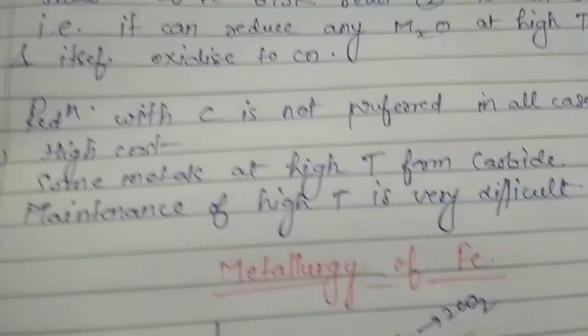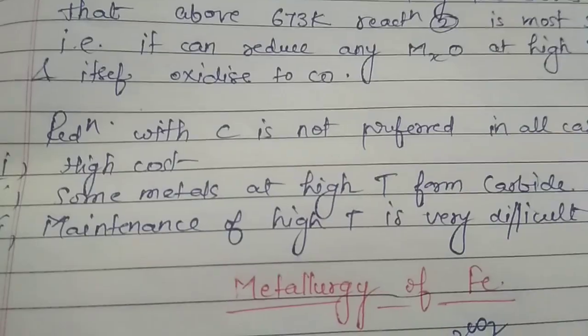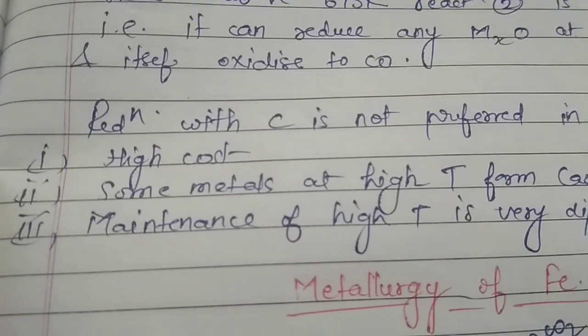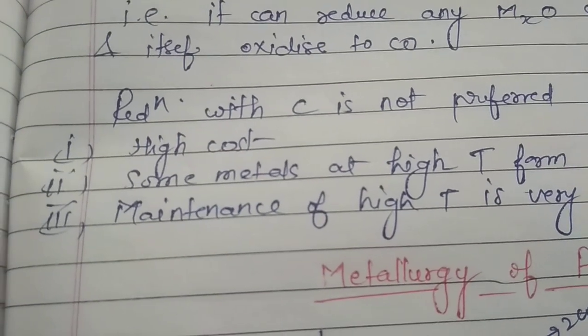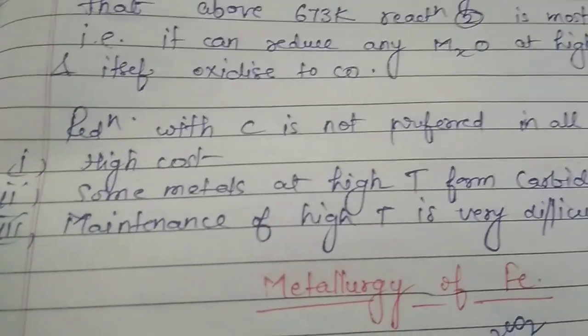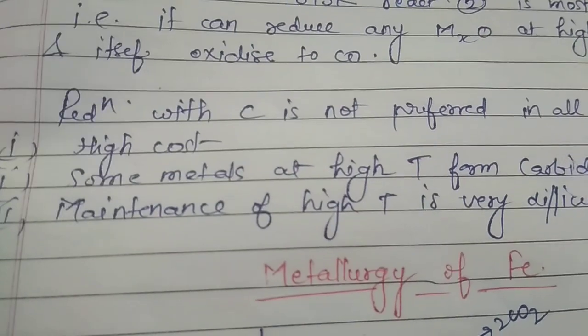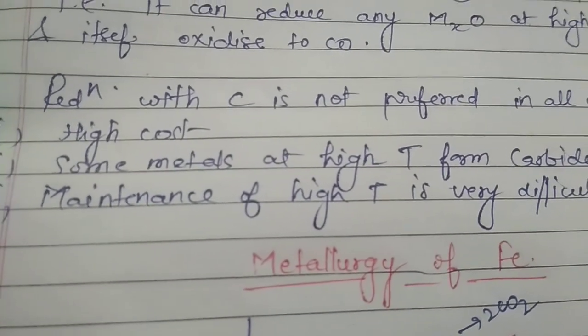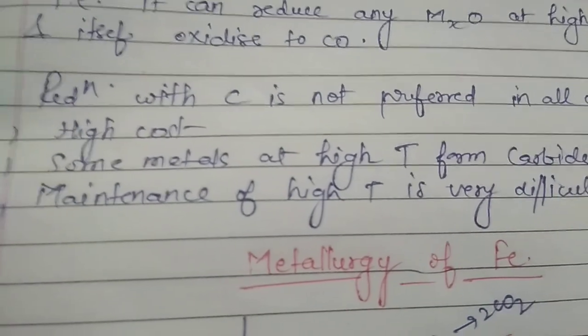But the reduction with carbon is not preferred in all the cases due to these three reasons. As it is very expensive, means due to its high cost. Second one, there are some metals which on high temperature react with carbon to form carbide.